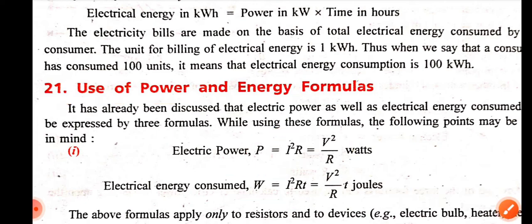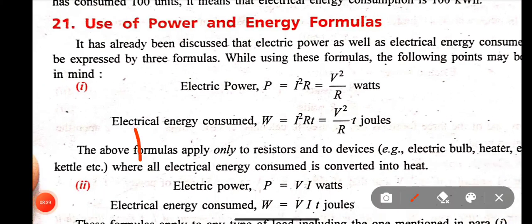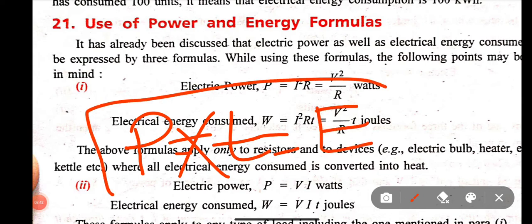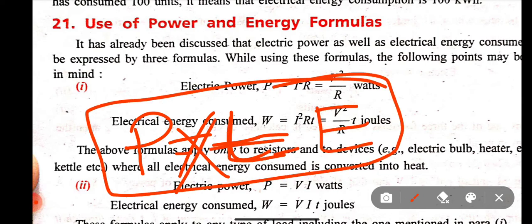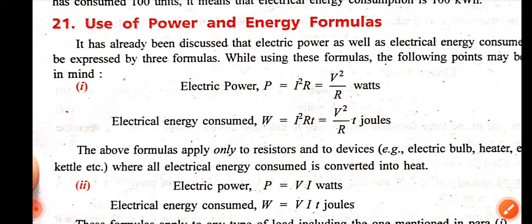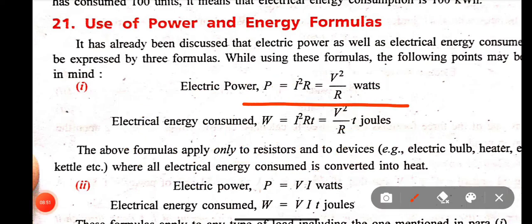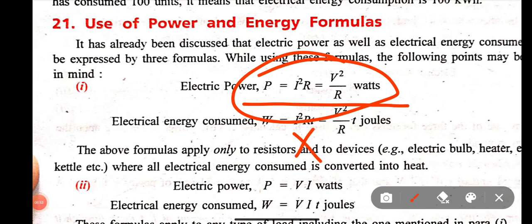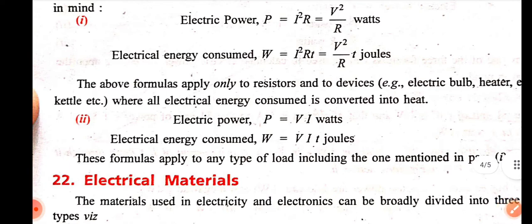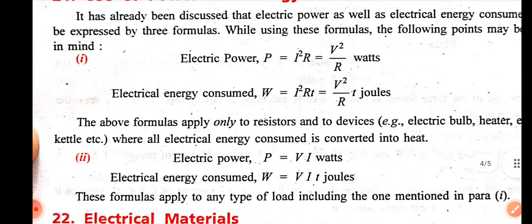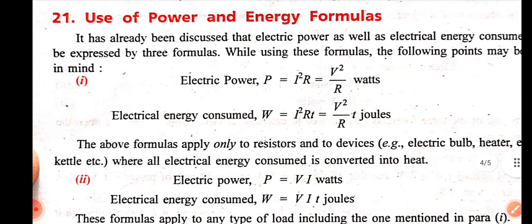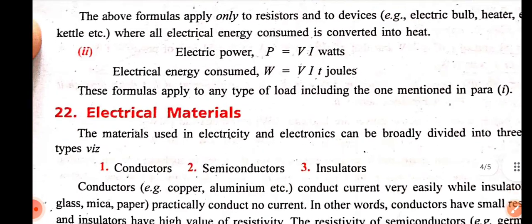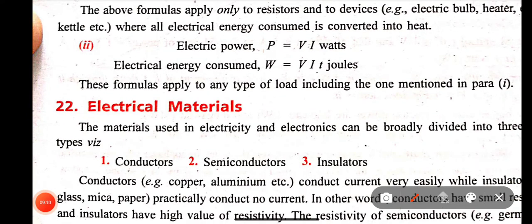When power is multiplied by time, it is known as what? Energy. So this is the difference between power and energy, only the difference of time. When we multiply by time, power is converted into energy.